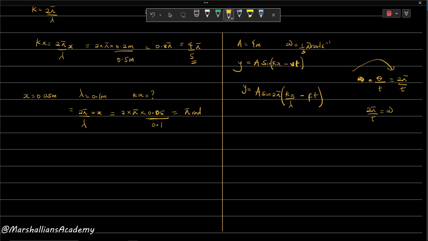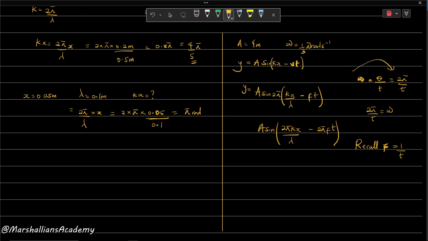Okay, let's open the bracket with 2 pi, and I'm going to be having a sine open bracket 2 pi x over lambda. Watch this, minus 2 pi ft. Are we together? But yet we don't still have omega in this equation. How do we now get to omega? Recall that frequency is equal to 1 over period, isn't it?